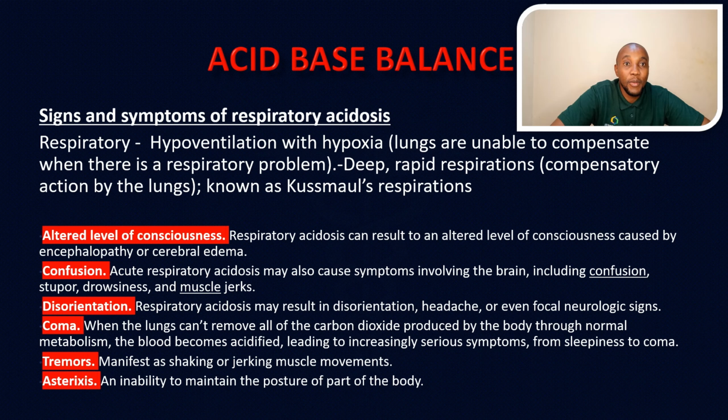Another sign and symptom is altered level of consciousness. Respiratory acidosis can result in a patient having altered level of consciousness, which can be brought about by encephalopathy or cerebral edema. Still on the brain, the patient can exhibit signs such as confusion, drowsiness, stupor, or muscle jerks.